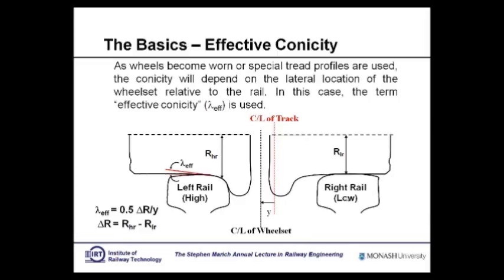There is a simple equation that can be applied to calculate effective conicity. You have this delta R, which is the rolling radius differential. This is the third term, you're in your masters at the moment. We'll talk about rolling radius differential on the next slide. And you have this value Y, which is the difference in distance between the track center line and the wheel set center line.